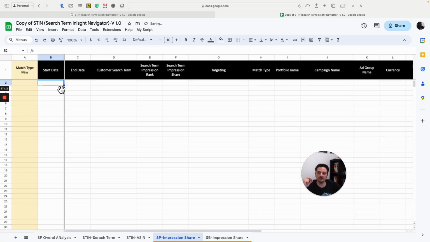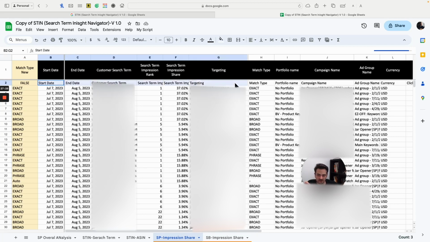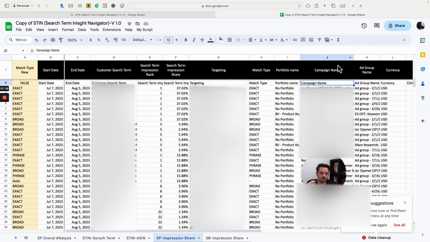The reason I do this is because I have seen this happen a lot. People come to me and say, this is not working, there's something wrong, what is happening? The reason is that either you are in a different marketplace and these headers are different, or Amazon has changed the report and added a column. So that is why I decided to keep this fixed. Whenever you see something is not working, just come here and see, are these columns aligning with the top or not?